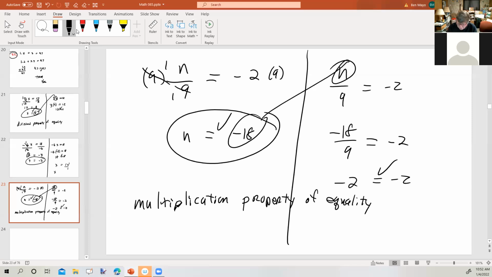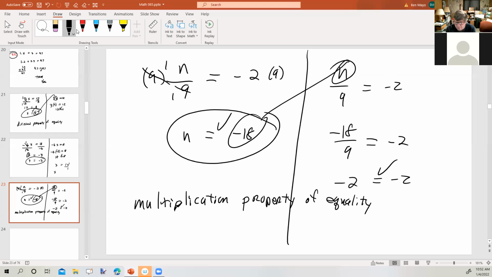Now, we can multiply both sides of an equation by the same non-zero number, again because if you multiplied both sides by 0, you'd get 0 equals 0, which is true, but it doesn't help solve the equation. So the addition property of equality says we can add the same quantity to both sides of the equal sign.